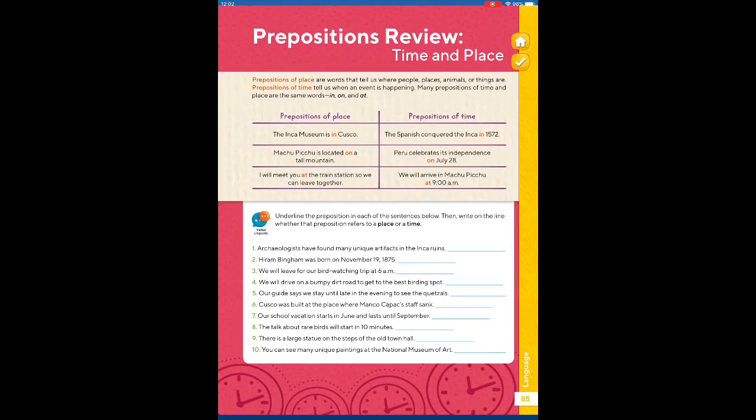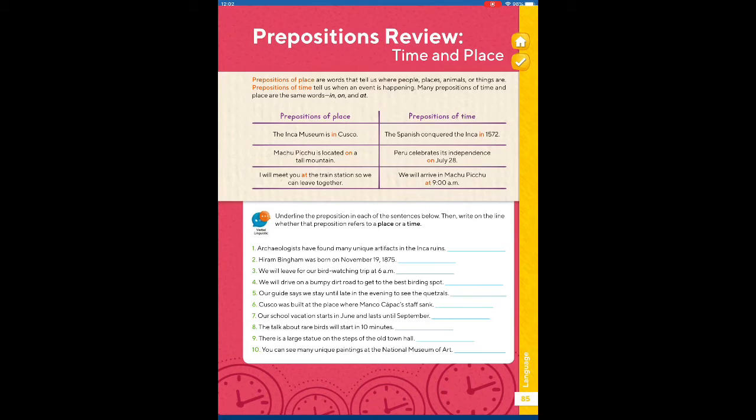But if you continue reading the sentence, you will know if it's talking about time or place. Because I repeat, you're going to use the same ones, in, on, and at, for time and for place. But you need to read the sentence and decide if it's talking about a place or a time.